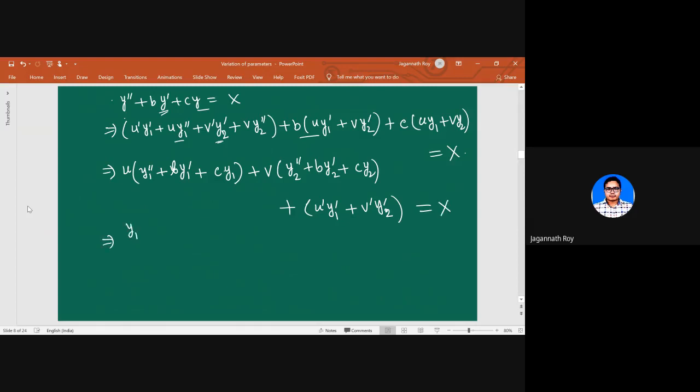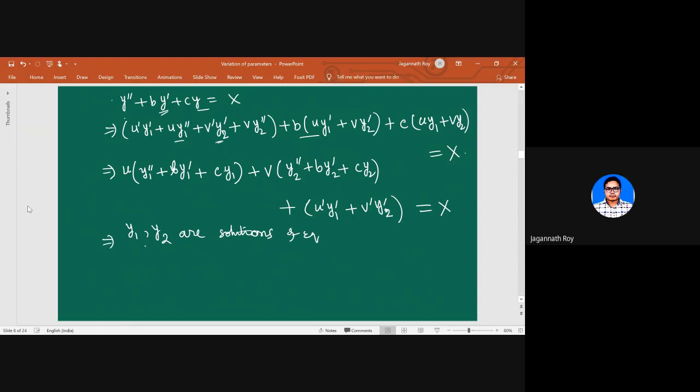Now since y1 and y2 are solutions of equation 1, they will satisfy this equation. So from here we will get solutions of equation 2 actually, because y1 and y2 are complementary functions.